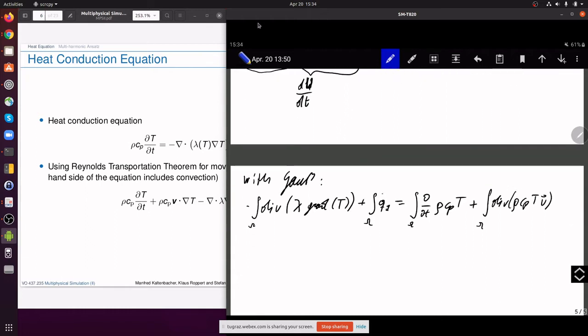Okay, then we can simplify these expressions by saying that Cp, rho, and lambda are not space dependent, so they're the same in all regions. Then we can pull them in front of the differential operators, divide by rho Cp, and get the following: lambda over Cp rho times the integral.